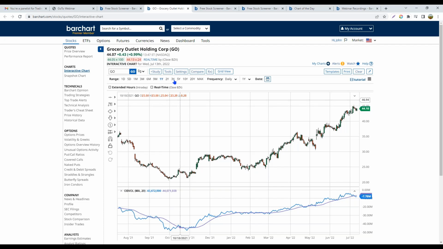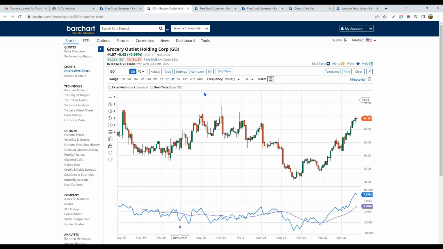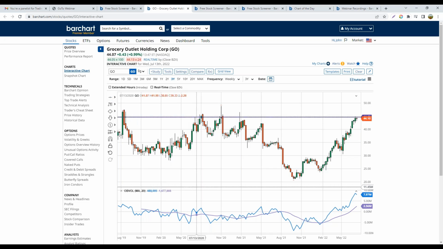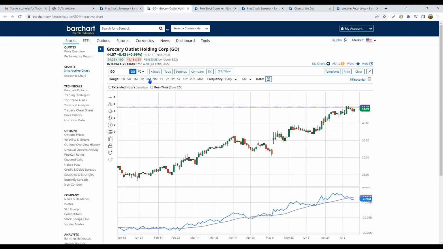What I might do at this point is look at a higher time frame and see if it's run up against some potential resistance. And sure enough, it looks like we're bumping up against resistance. So if I'm into buying this stock, what do I need to see?